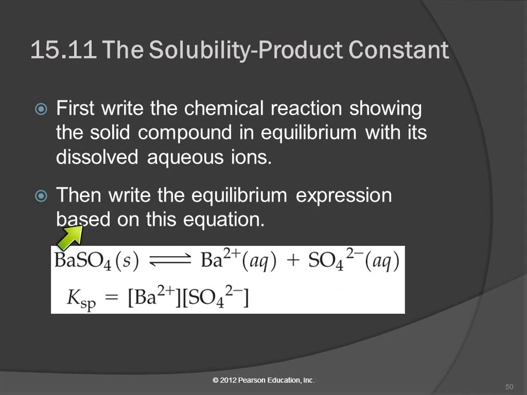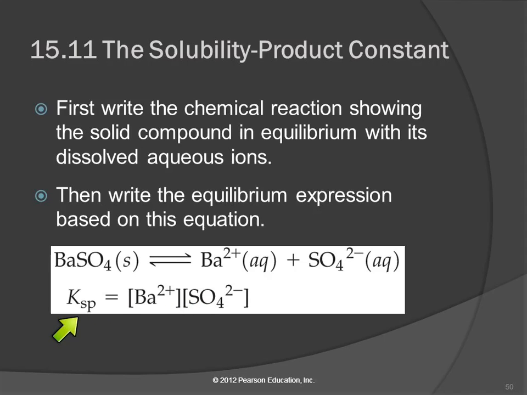And then we write the equilibrium expression for that. Remember, it was the concentrations of the products raised to the exponent of their coefficients, there are no coefficients in this one, divided by the concentration of the reactant, but because this is solid, we leave that out. So the equilibrium constant is the concentration of barium ion times the concentration of sulfate ion.